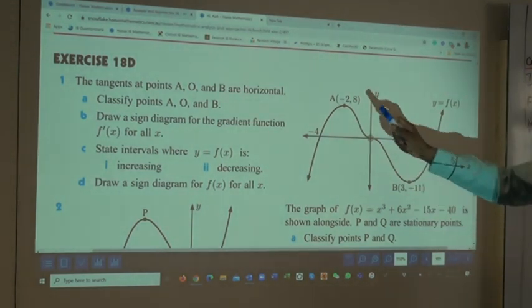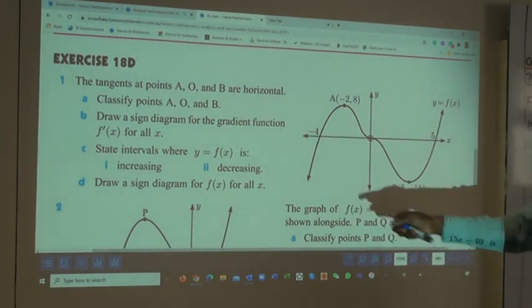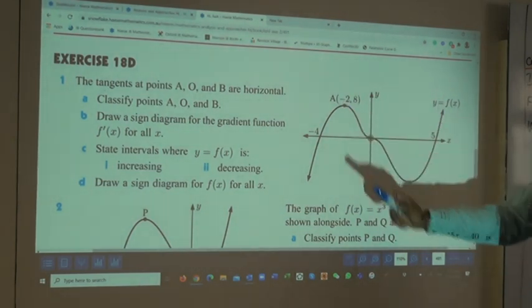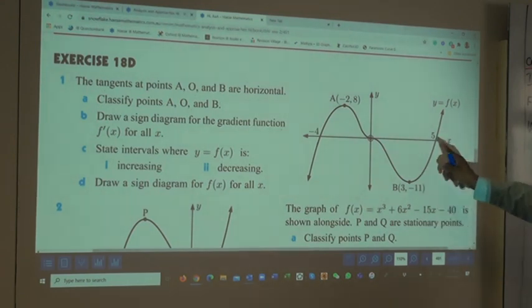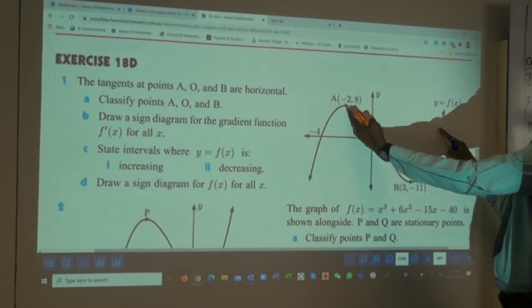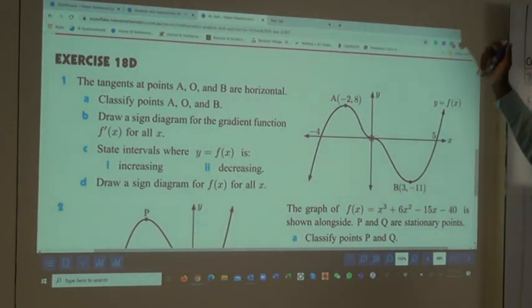So A is a local maximum point because we don't know what happens. In fact, even if we know what happened, this is still a local maximum, unless the curve ends here. If the curve ends here, then this will be the global maximum, and this will be a local maximum. But the curve is going to extend indefinitely.